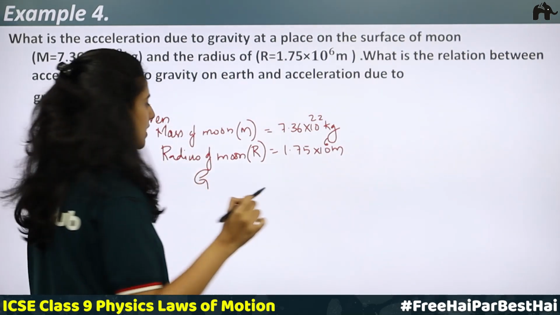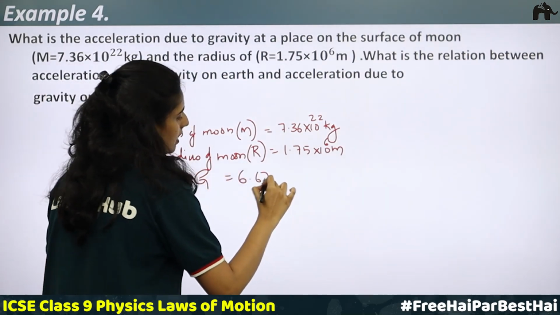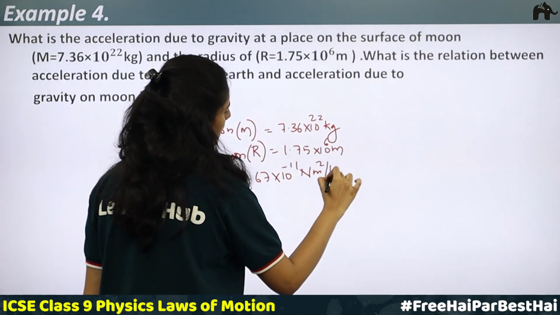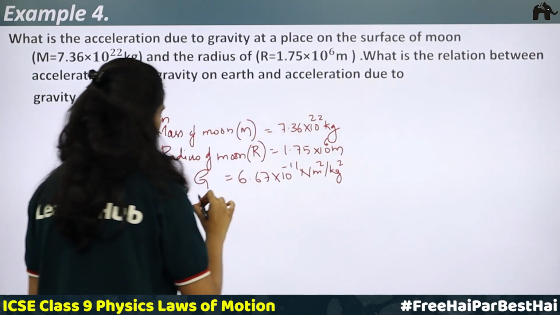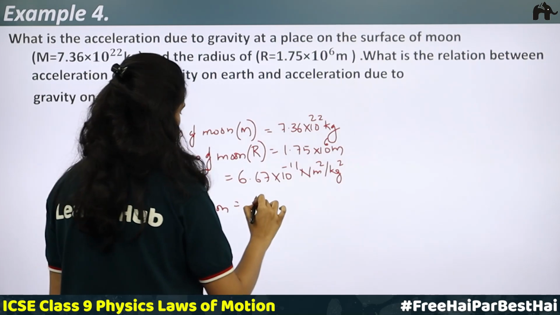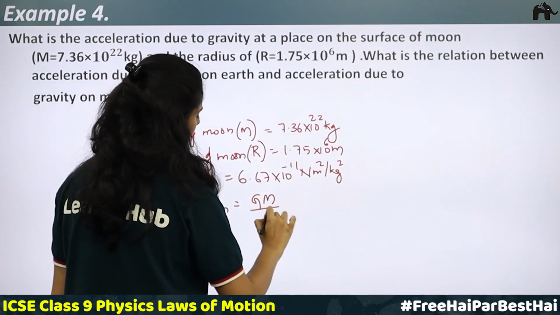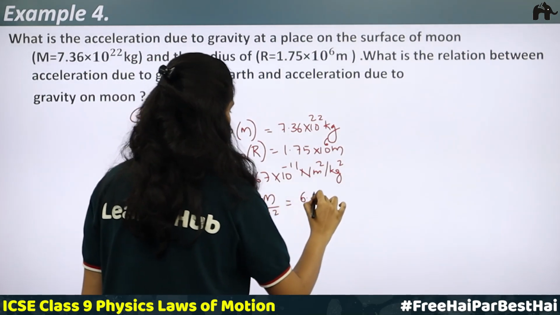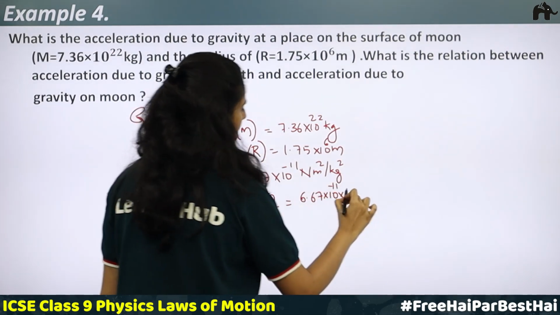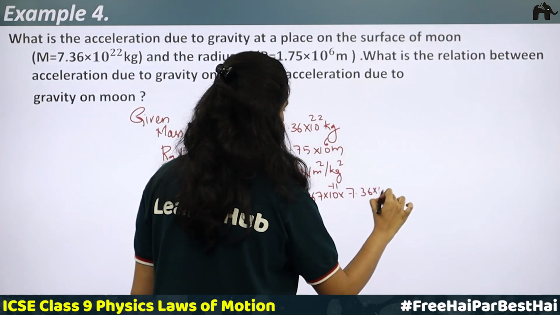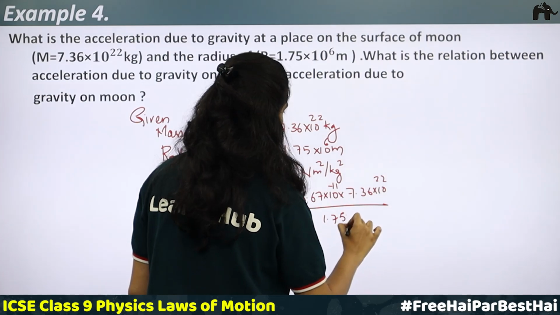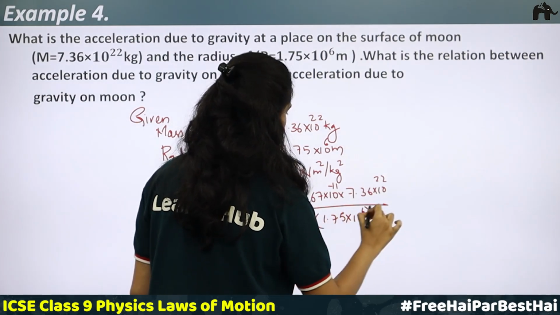The gravitational constant G will be the same, which is 6.67 into 10 raised to minus 11 Newton meter square per kilogram square. Therefore, acceleration due to gravity on moon is equal to GM divided by r square, that is 6.67 into 10 raised to minus 11 into 7.36 into 10 raised to 22 divided by 1.75 into 10 raised to 6 whole square.